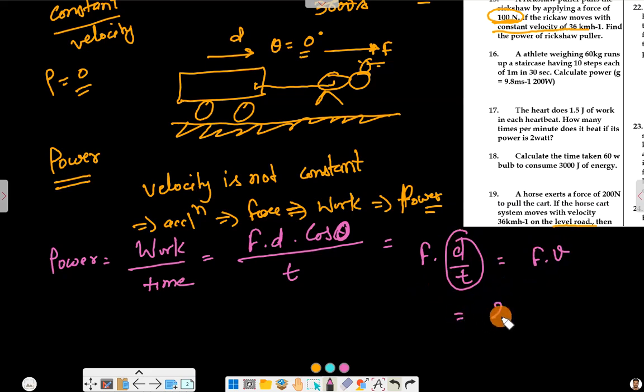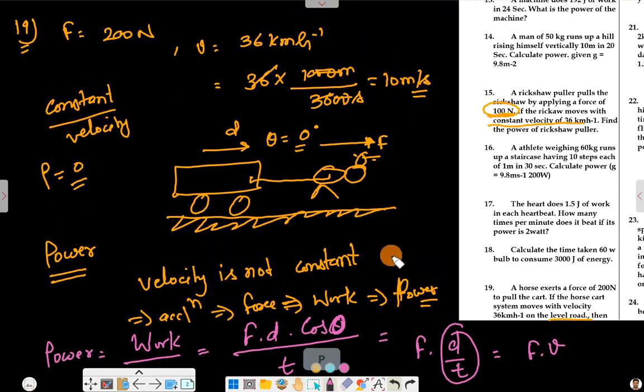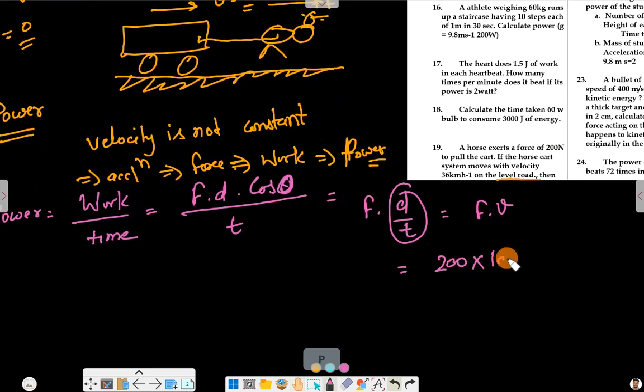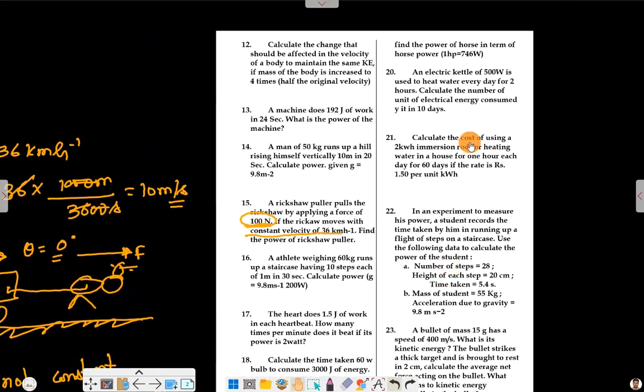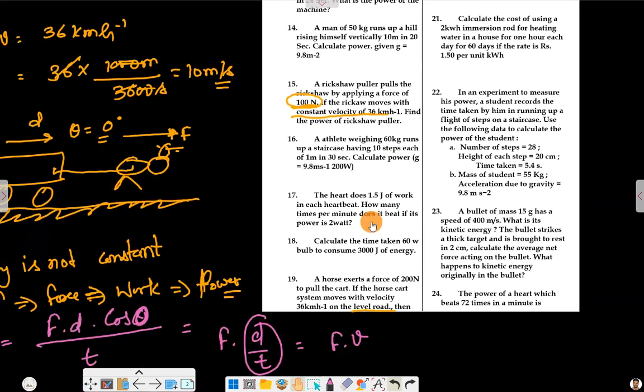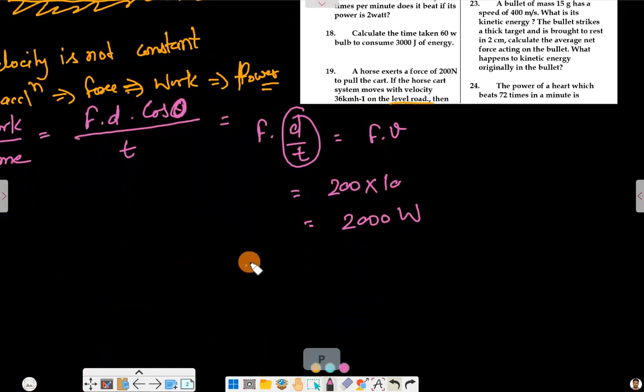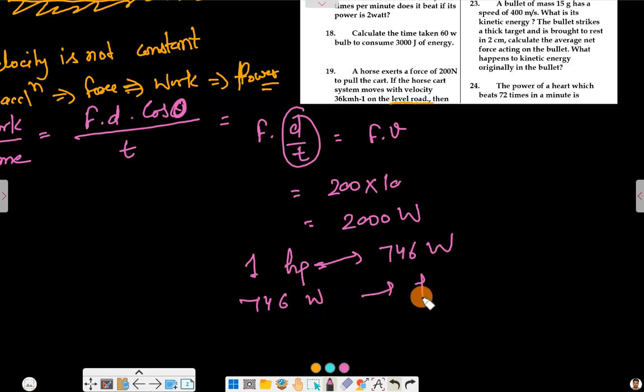We are given that force is 200 and we have calculated velocity is equal to 10 meter per second. So the power is 2000 watts, and we can also convert it into horsepower. Here it is also mentioned that you have to find the answer in horsepower. 1 horsepower is 746 watts, or you can write it like this: 746 watts is equal to 1 horsepower.